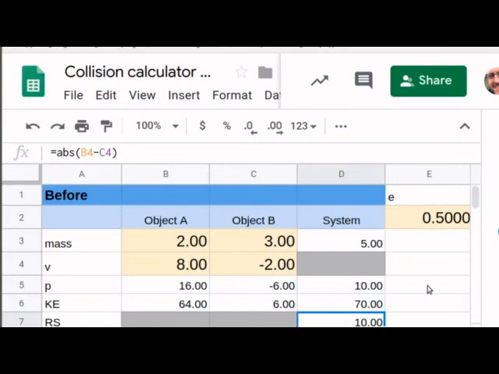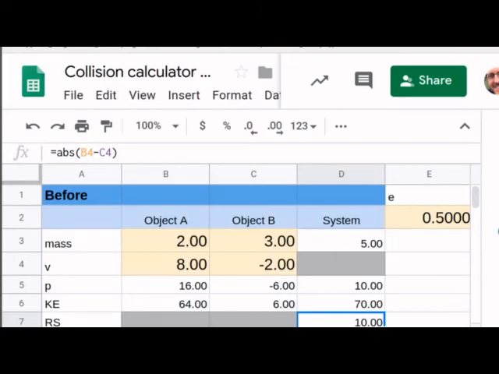The new thing that I want to add in addition to this spreadsheet, and you should start working on building your own spreadsheet so that you can use this in future, is some information about where those 2 objects are before the collision.